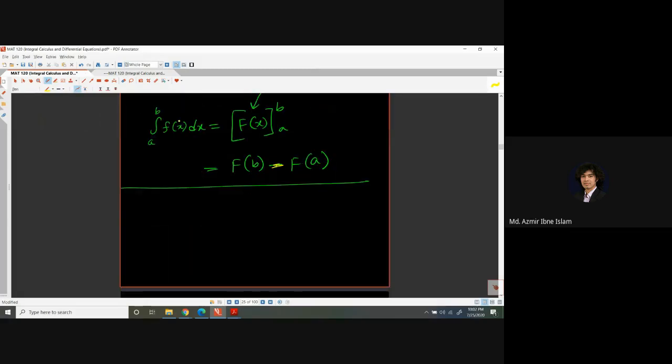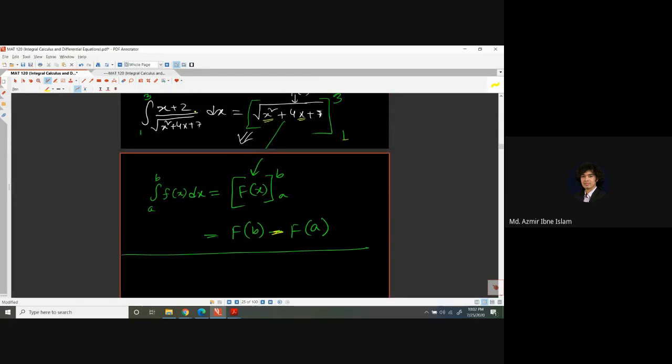Let me write again. So we are getting the square root of 3 squared, here we have x squared, upper limit 3, so 3 squared plus 4 times 3 plus 7, and there is a negative square root of, again in this place we can input 1, so 1 squared plus 4 times 1 plus 7.